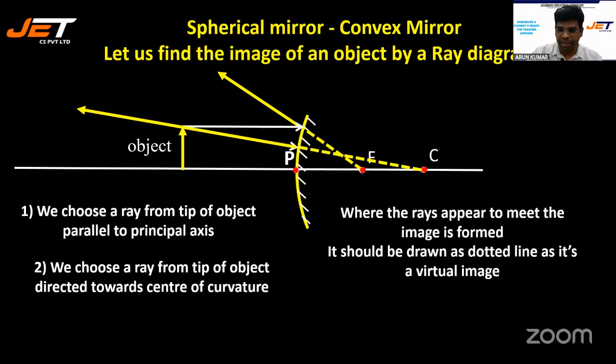Where the rays appear to meet, the image is formed. It should be drawn as a dotted line as it's a virtual image. Like this. If you observe, it is minified. It's not enlarged, students. It's virtual for sure, erect, virtual, but minified, not magnified, lesser in size than the object.